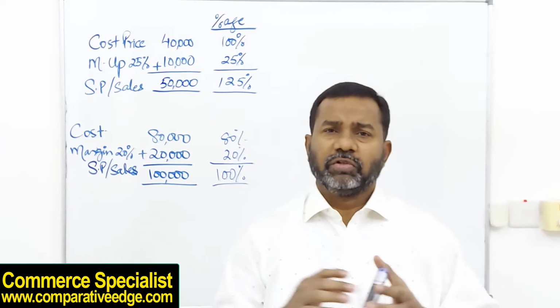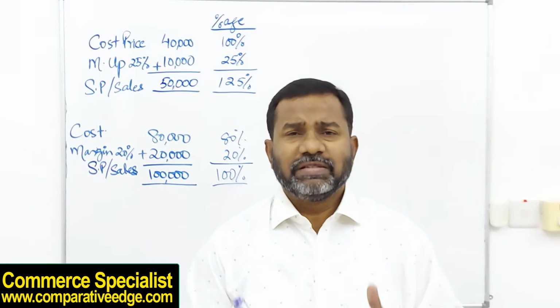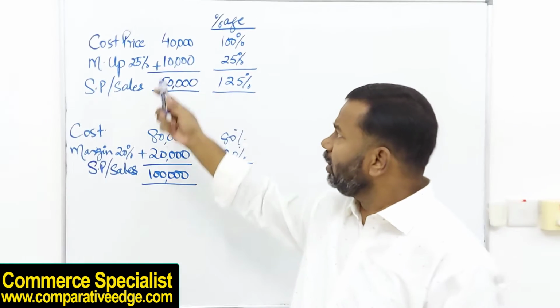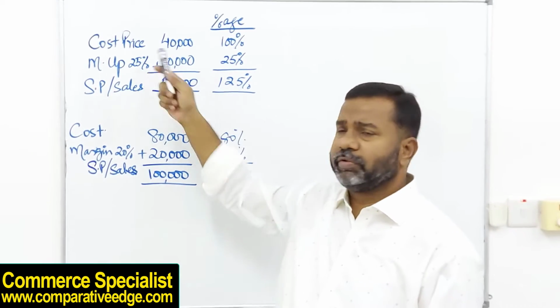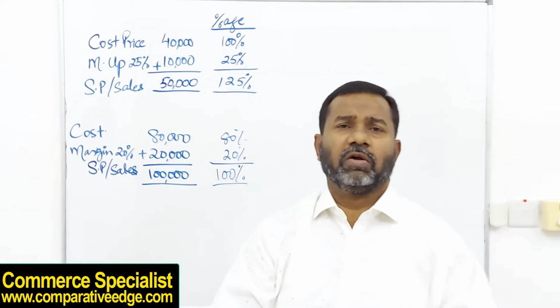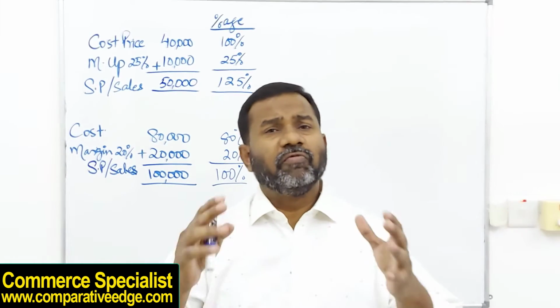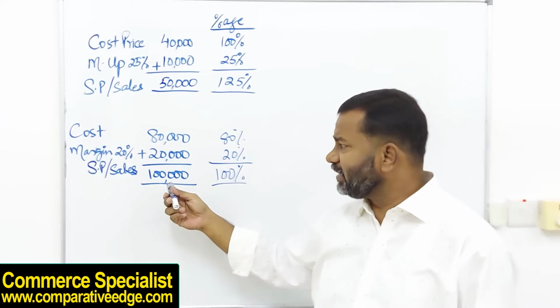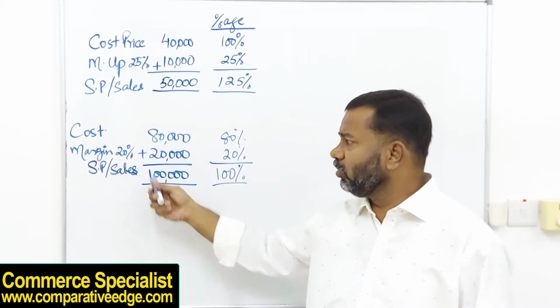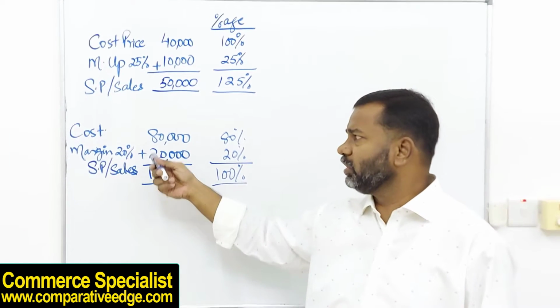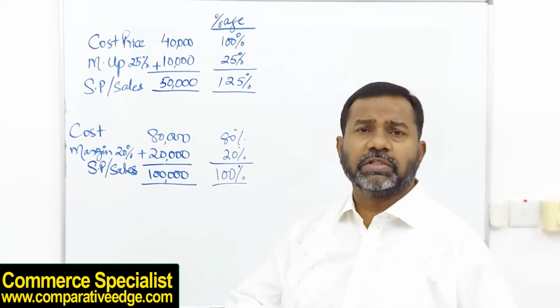Now what happens in an examination question? Life becomes very easy when you are given cost and a markup percentage. Straight away you can apply it on cost. Life becomes very easy if you are given sales and margin. Straight away you apply it on sales, you can get margin, and you can also get cost of goods sold, which is the cost price.